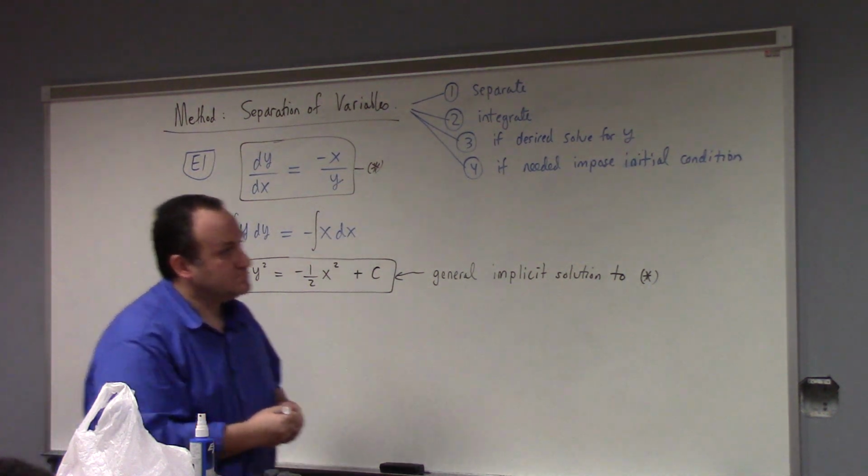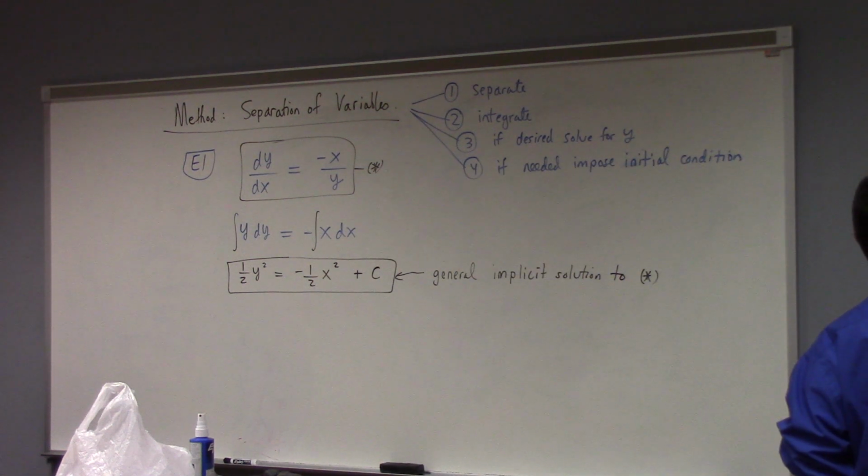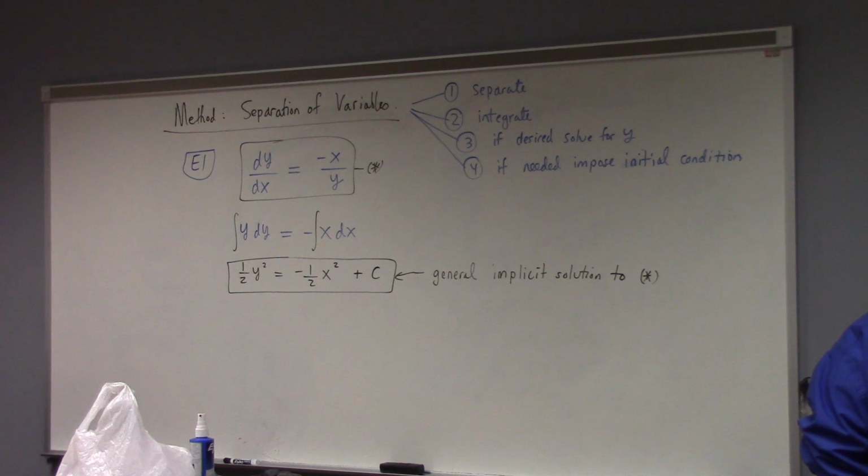Now, let's do example 2. Let's solve the same differential equation again, dy/dx equals minus x over y, with initial condition y of x naught equals y naught.